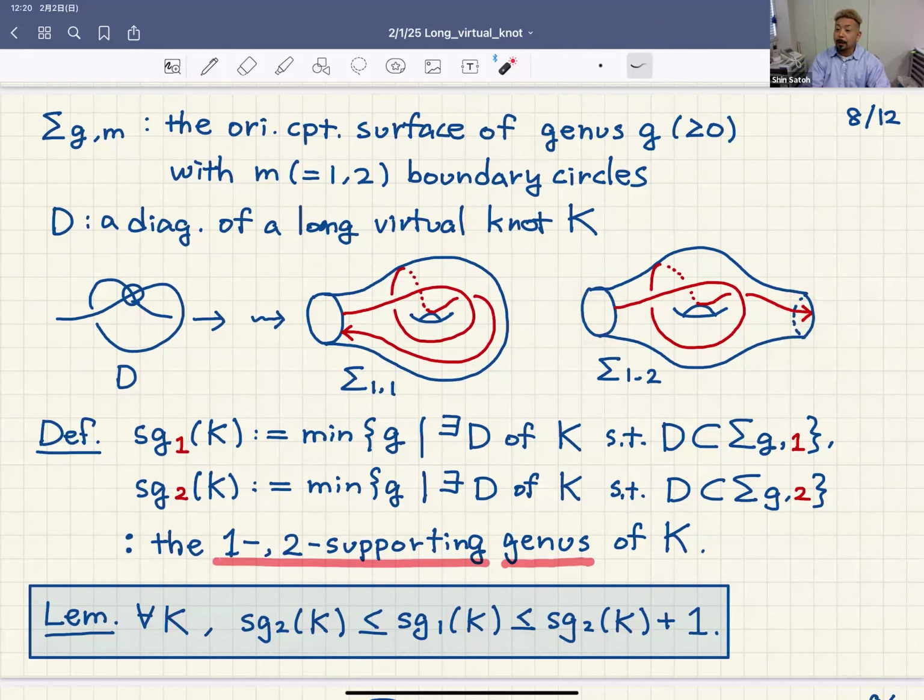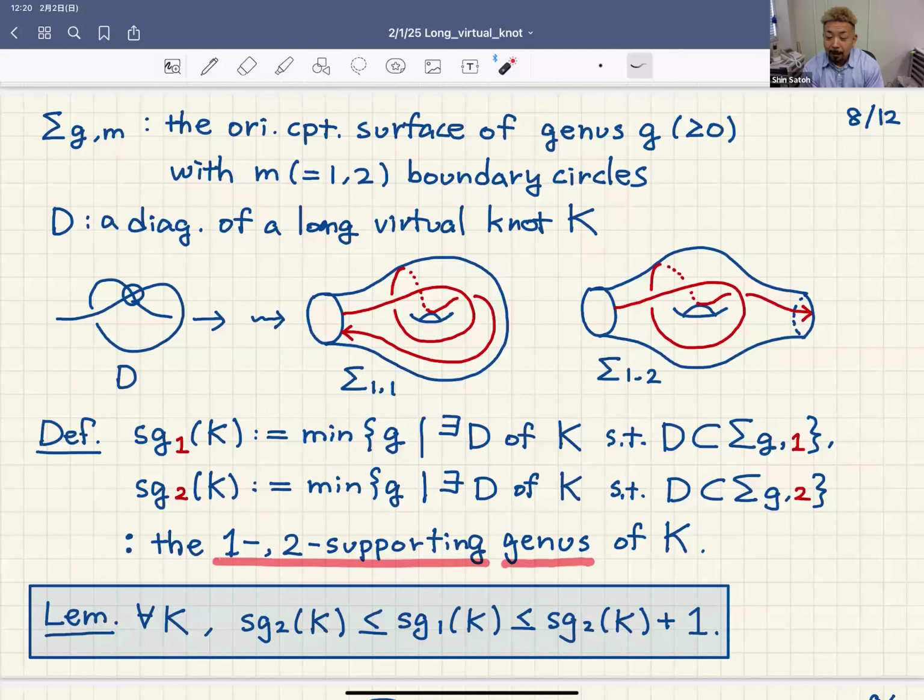For a long virtual knot K, the one supporting genus of K is defined to be the minimal genus of all surface realizations with one boundary circle, denoted by SG1(K). Similarly, the two supporting genus of a long virtual knot is defined to be the minimal genus of all surface realizations with two boundary circles, denoted by SG2(K).